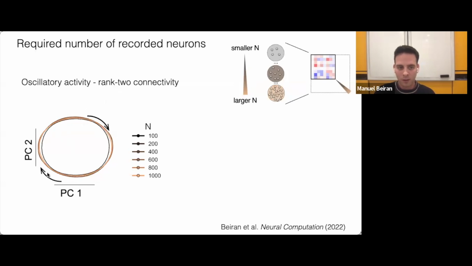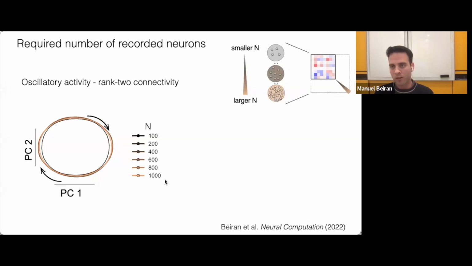They're built in such a way that all these networks, from networks with 100 neurons to networks with 1,000 neurons, are producing the same limit cycle in state space. So when you do PCA and you take the first 2 dimensions, you basically see this clear oscillation in state space. But behind this, there are networks that are small and networks that are large.